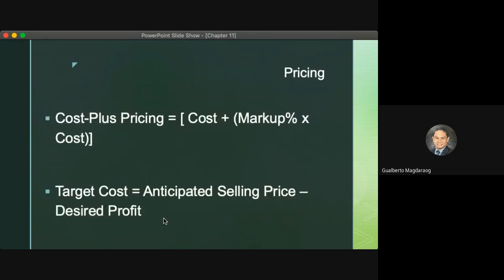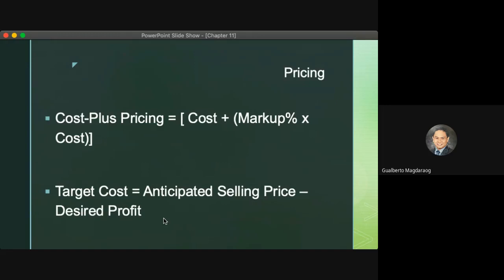Okay, and then pricing is another decision to be made by our management. In pricing, dalawa lang yung options na pwede natin daw aralin at this point, yung cost plus pricing, which is the normal way of pricing a product, and target costing.